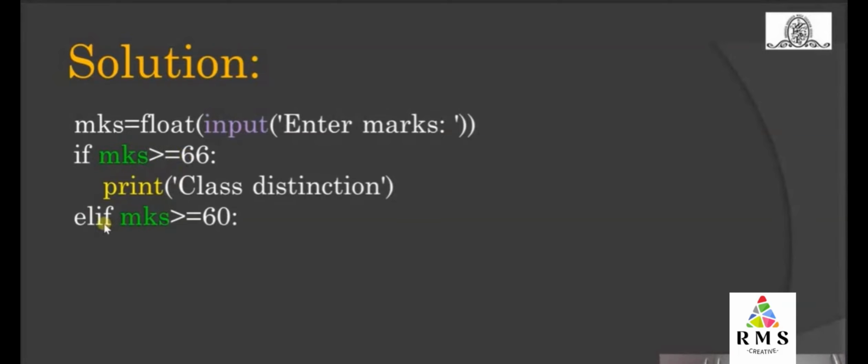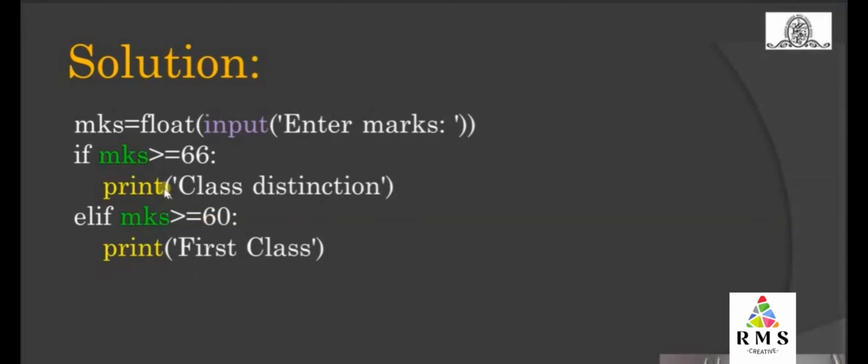So it is less than 66, but whether it is greater than 60 or not, this we are going to check. So again another if statement will be used. Else if, that is elif, marks greater than or equal to 60, print first class.